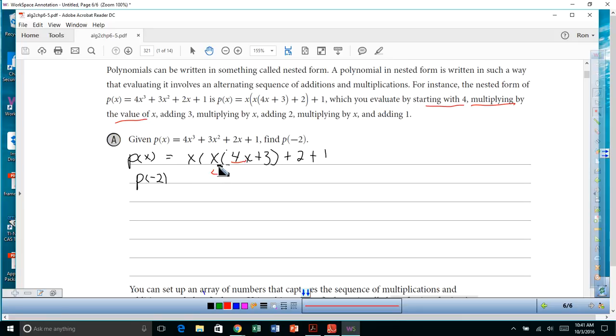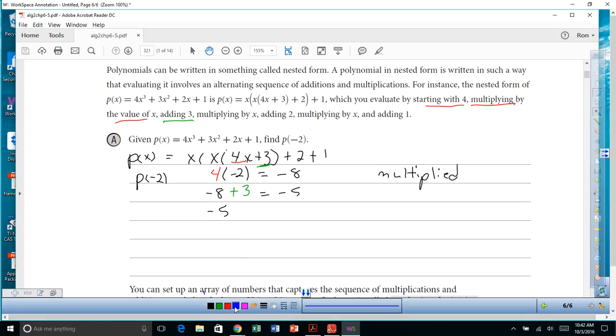So 4 times negative 2 equals negative 8. So we multiplied there. Second, we have negative 8, and we're going to add 3. 3 plus negative 8 gives us negative 5.